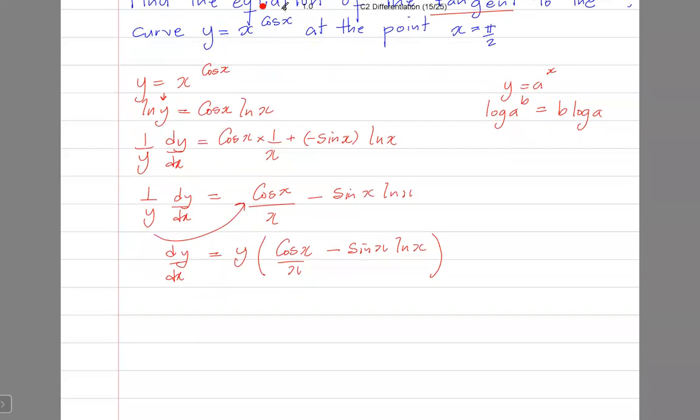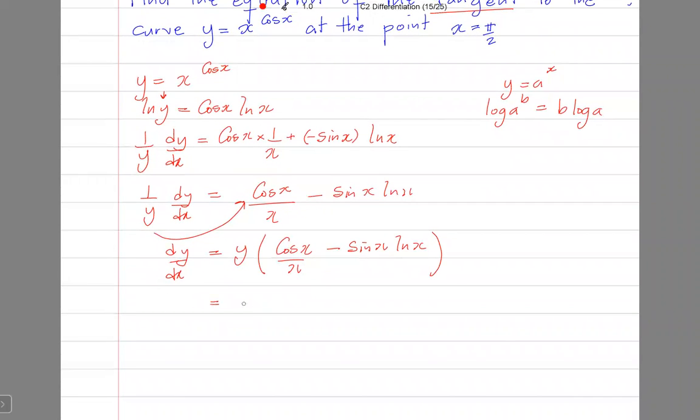So I'm going to say dy by dx is equal to x to the cosine of x, into the cosine of x divided by x minus the sine of x ln x.